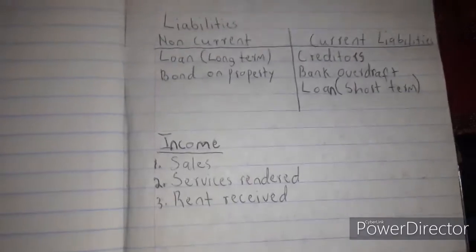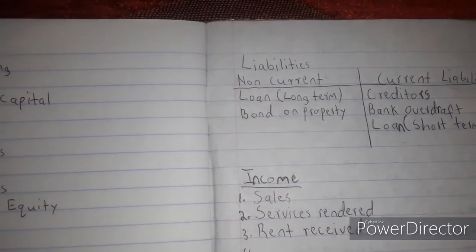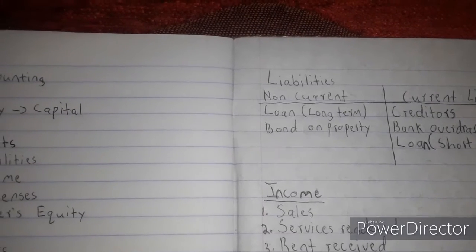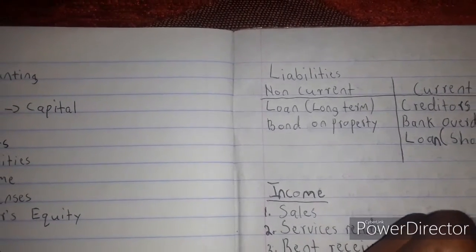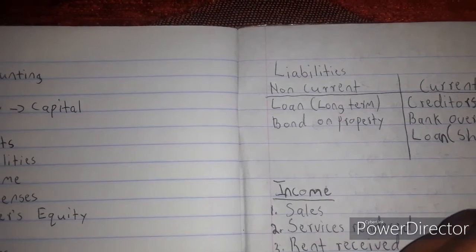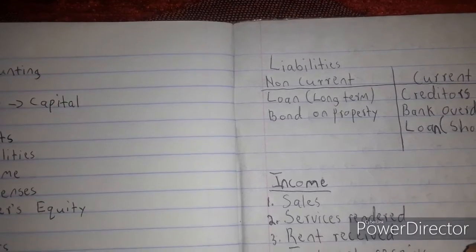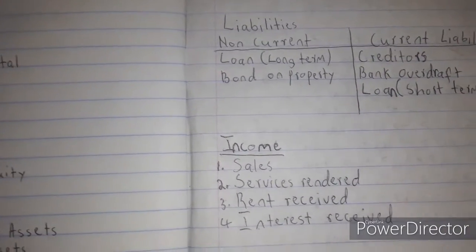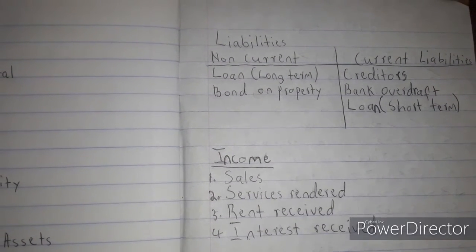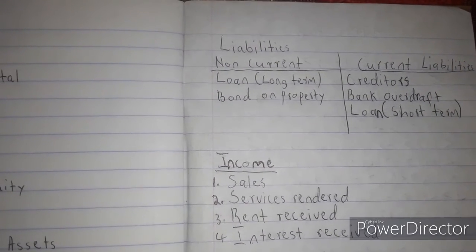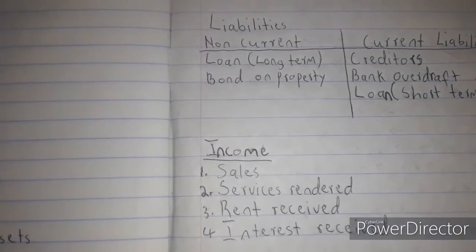Then income number four, interest received. Interest received is amounts received from the bank on money that we have in the bank.